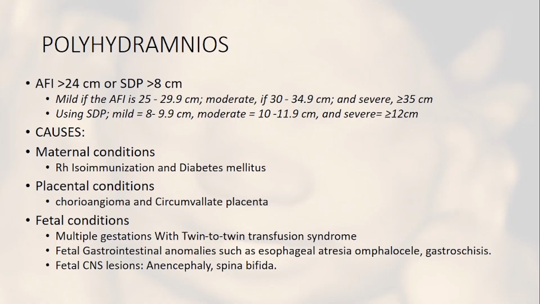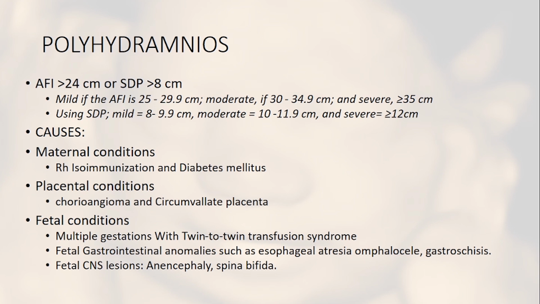So when you see a pregnant woman with polyhydramnios, we should always screen the woman for diabetes mellitus. There can also be fetal conditions like chorioangioma, like we talked about, circumvallate placenta, and then twin-to-twin transfusion. Remember, oligohydramnios will be found in the donor twin, while polyhydramnios will be found in the recipient twin.